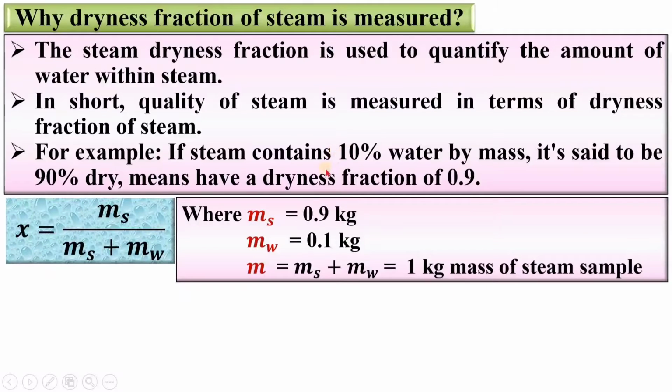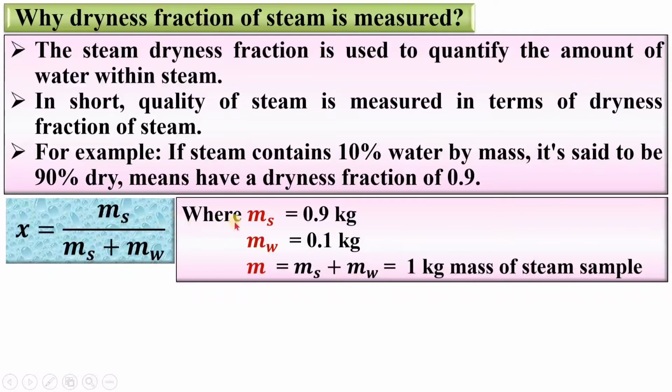Here in this description, mass of the steam that is given to you over here 90% dry. So if you assume that the mass of the steam sample is 1 kg, so you can say 0.9 kg is the dry portion, and so that 0.1 kg is the water. So that you can understand the total mass of the sample is ms plus mw, that means 1 kg mass of steam sample.